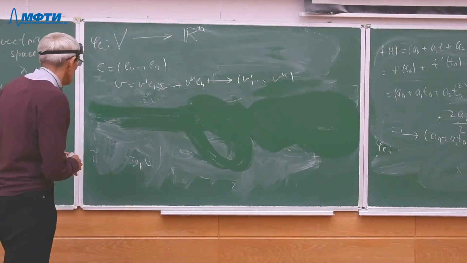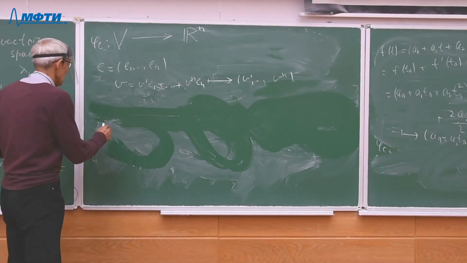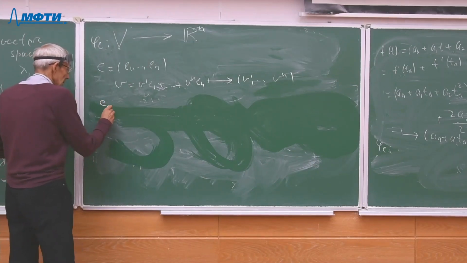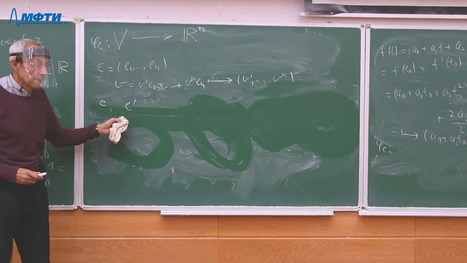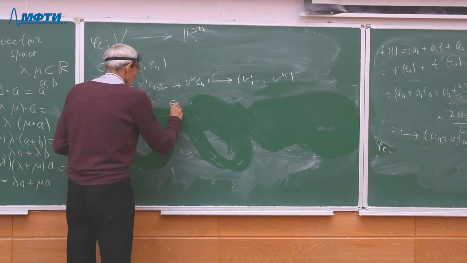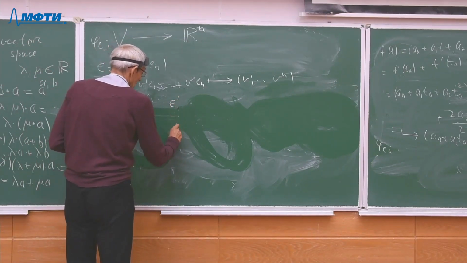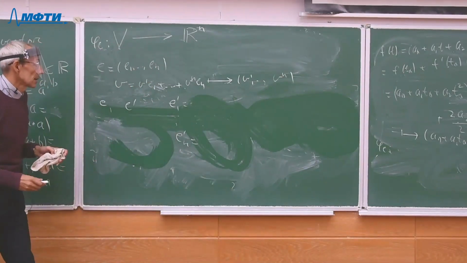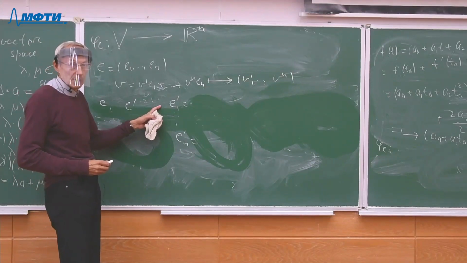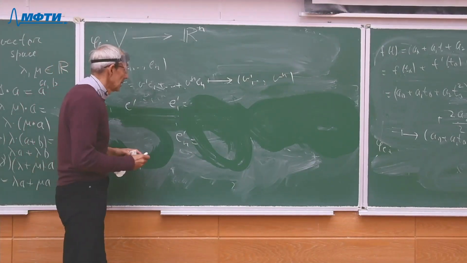I recall, if we have two bases, e prime the old basis and the new basis, I have some transition formula from one basis to the other.